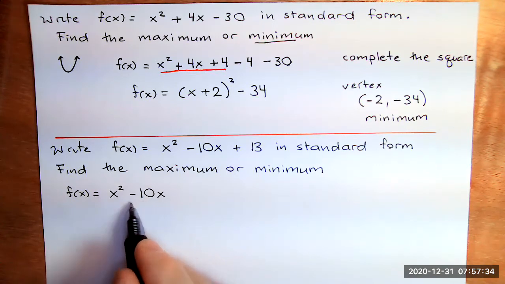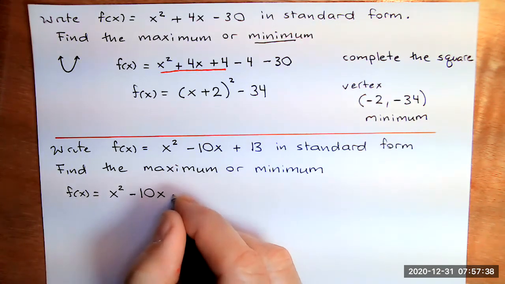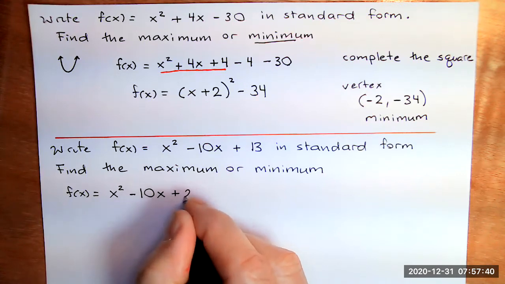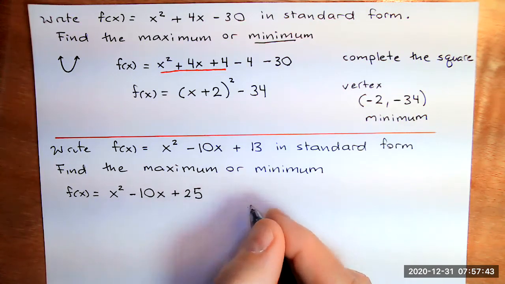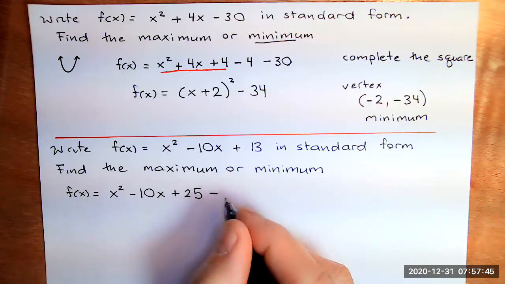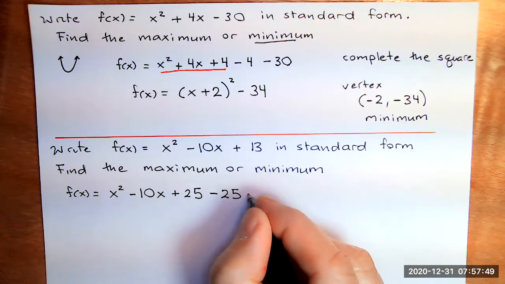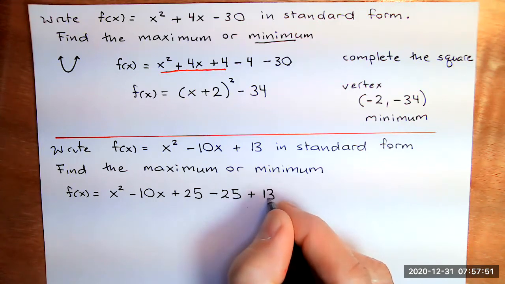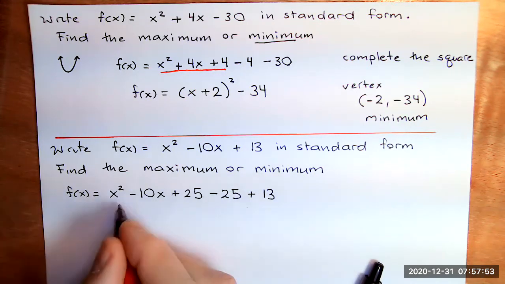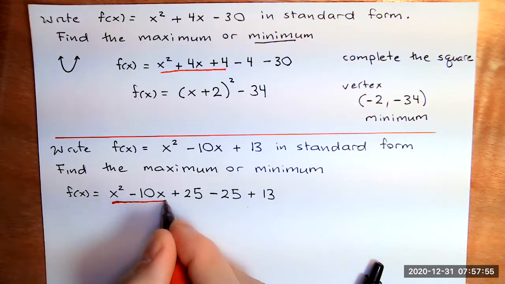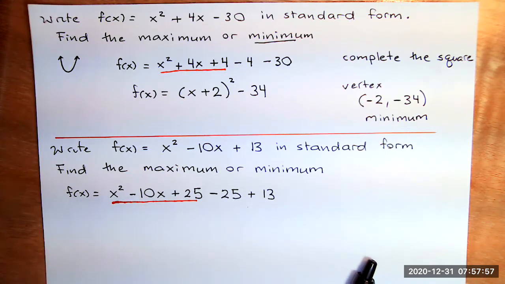So we take half of this middle term, which is negative 5, and then square it, which is positive 25. We make sure to add it and then subtract it so that it's the same equation. So now this is my perfect square trinomial.